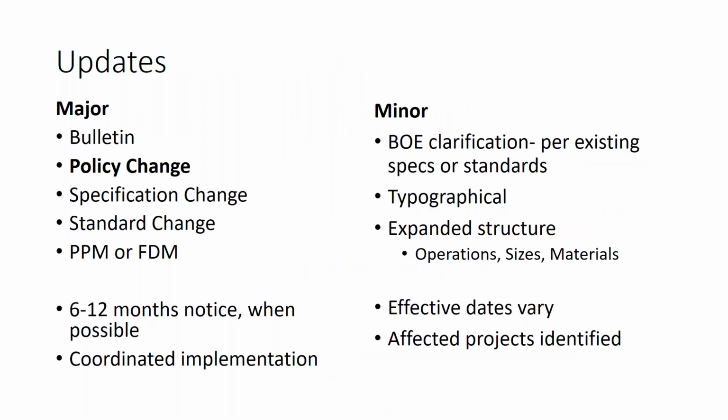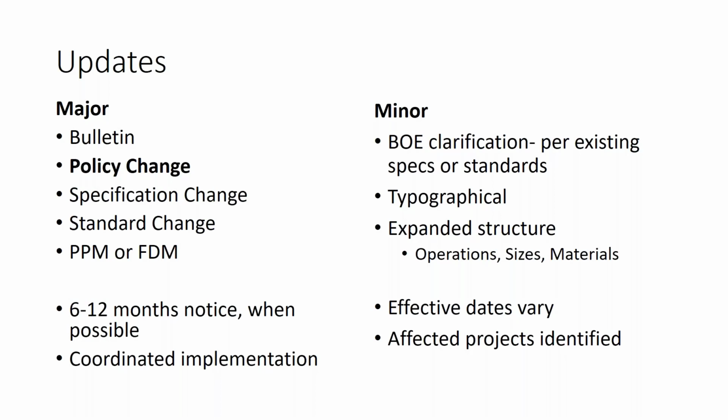I want to distinguish between major updates and minor updates. Major updates are usually accompanied by a bulletin to address a policy change, generally either a specification, a standard, and/or a combination of the PPM or FDM changes will be included.